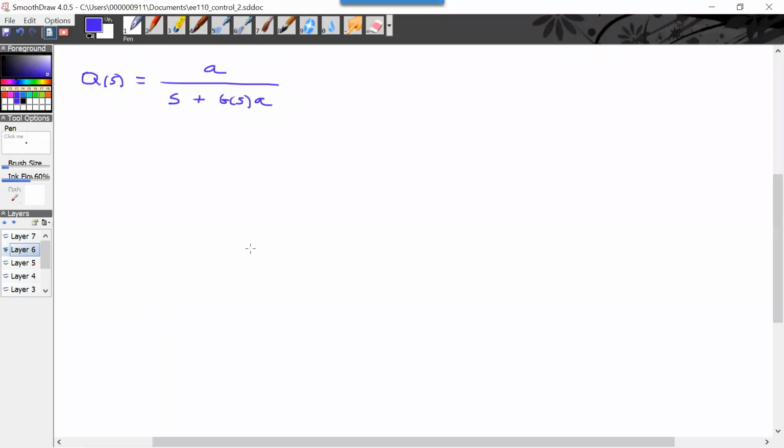Looking at it, it's a first order system, so all I really need to do is turn this into something like this, where b is greater than 0.